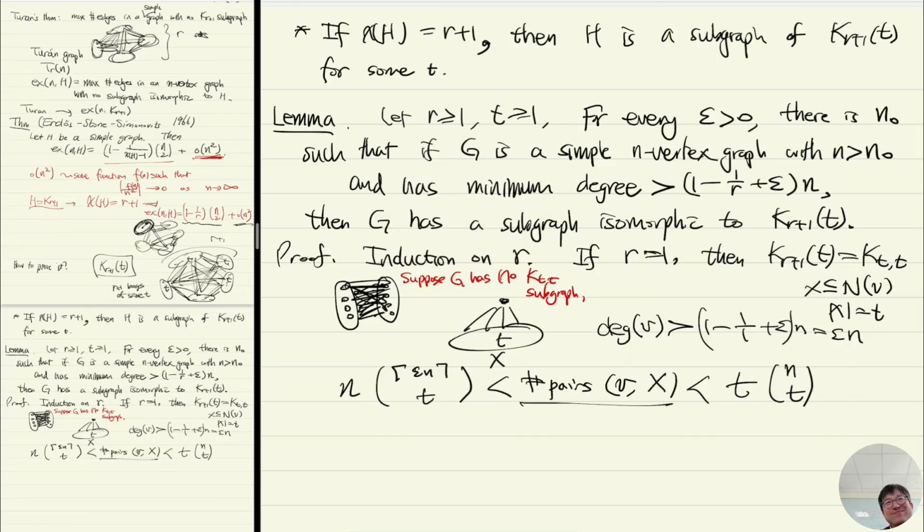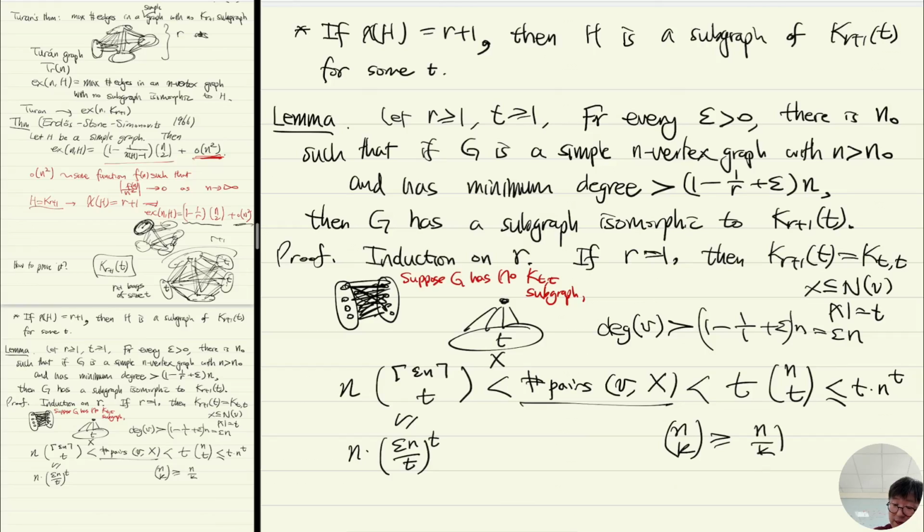Now we need some estimations. So n choose t. Well, this is a very rough estimation: n choose t is less than n to the t. How about the other direction? There is something like this: n choose k is at least (n over k) to the k.